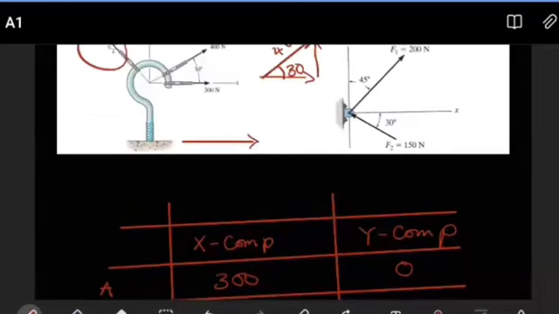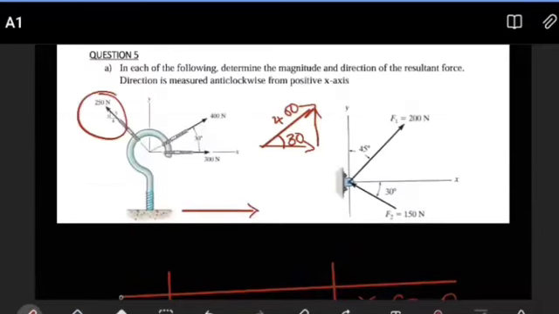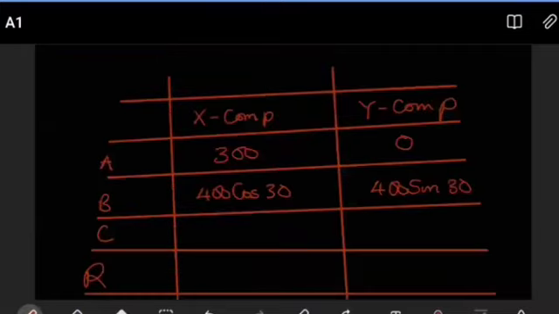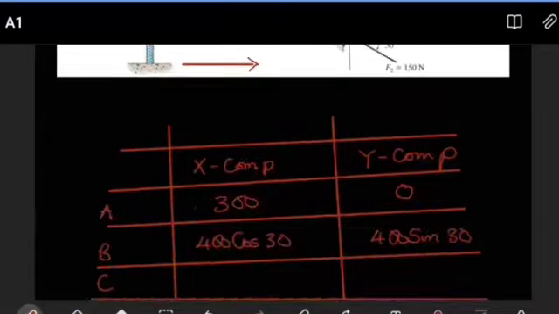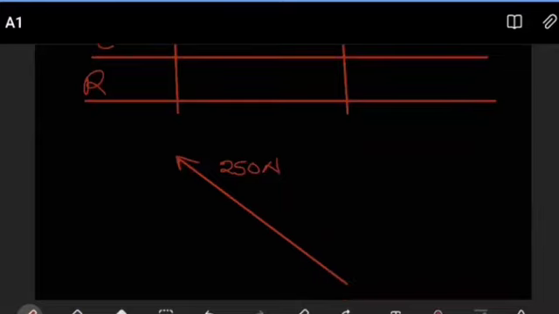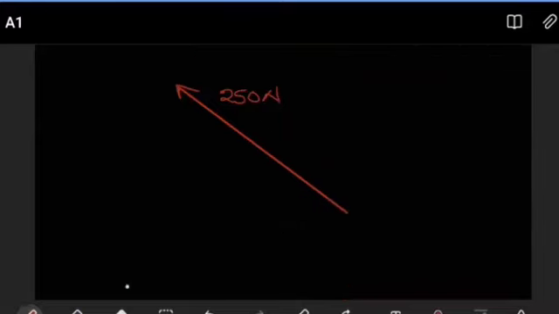And then we go to C, which is the highlight of the show. So for C, look at how they're presenting it. The force vector itself has a magnitude of 250 newtons, but instead of giving us the direction, they've given us a small triangle.